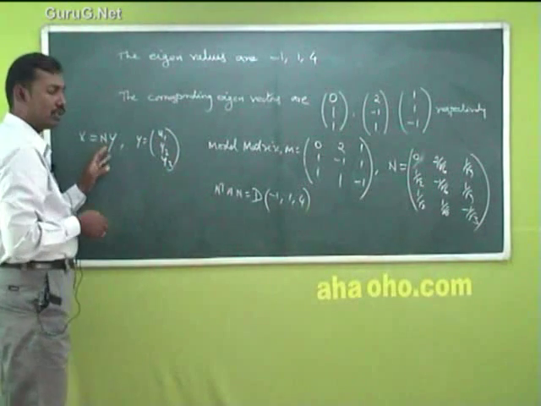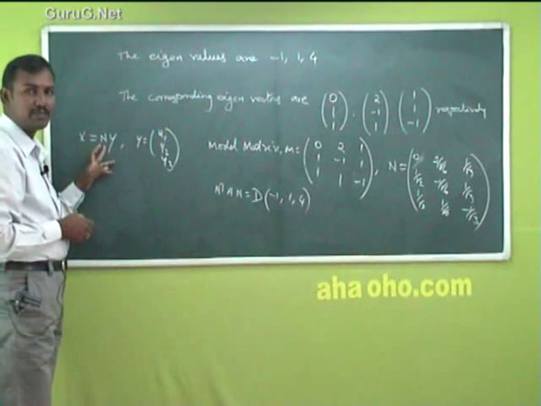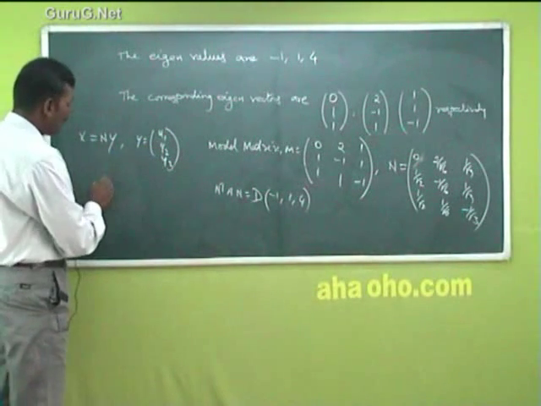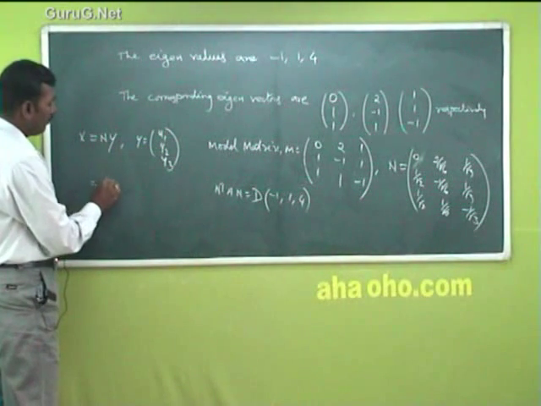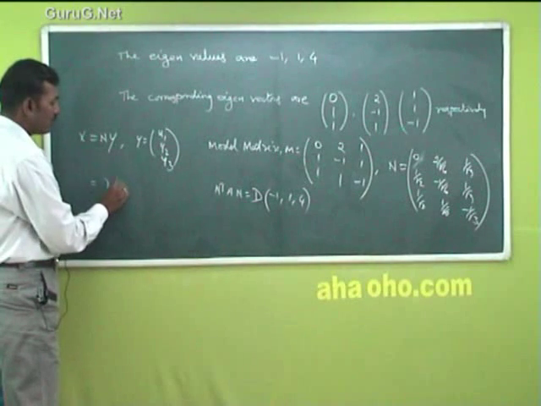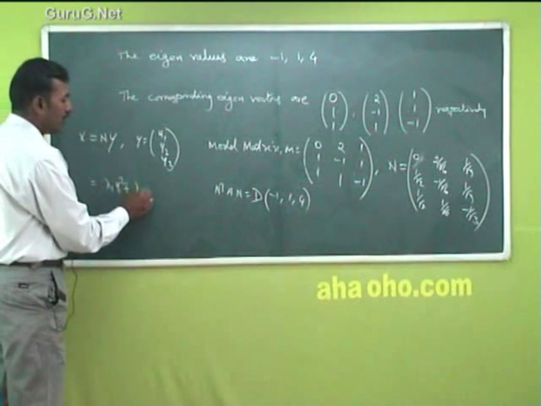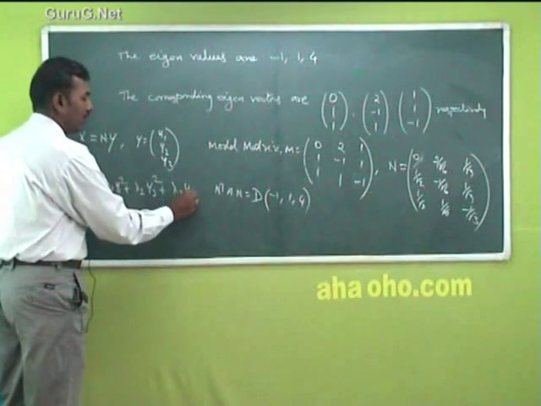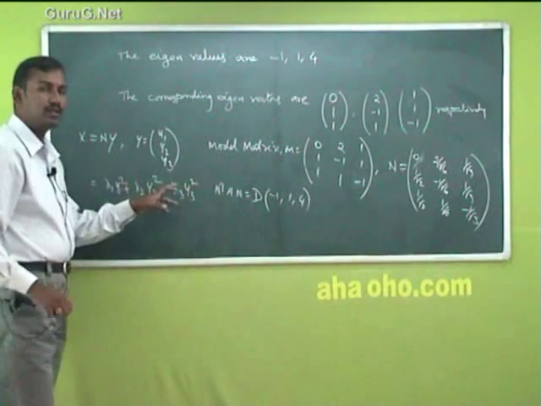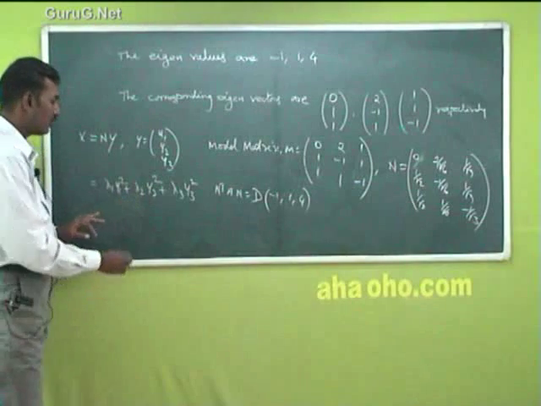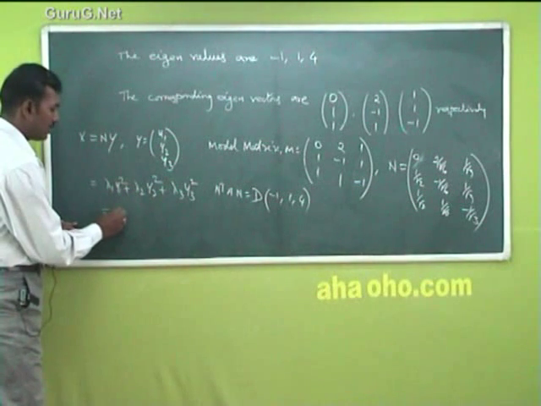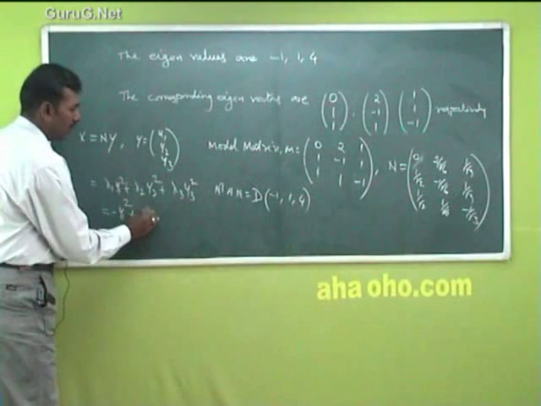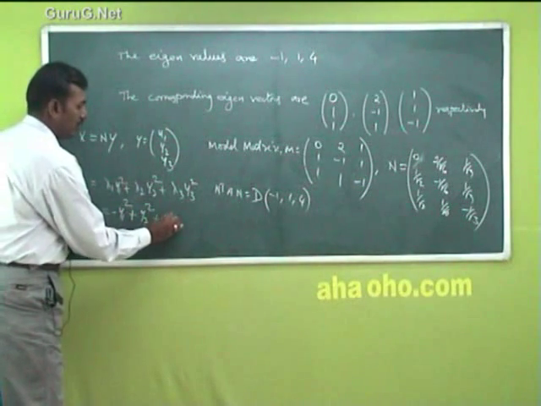So X equals N Y, where N is the normalized matrix and Y is y1, y2, y3. You can replace it and you may get the canonical form: lambda 1 y1 square plus lambda 2 y2 square plus lambda 3 y3 square. So lambda 1, lambda 2, lambda 3 are the eigenvalues. So you may get like this: minus y1 square plus y2 square plus 4 y3 square.